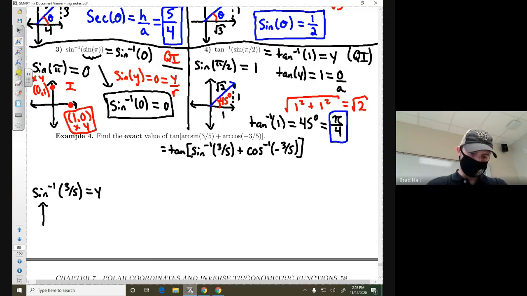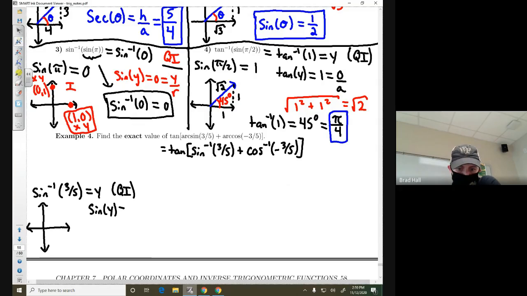Then by constructing its triangle, so we are taking sine inverse of a positive number. This does tell us quadrant 1. Anytime your input's positive. So what this tells us is that sine of y is equal to 3 over 5, which is opposite over hypotenuse. So we draw a triangle in quadrant 1.